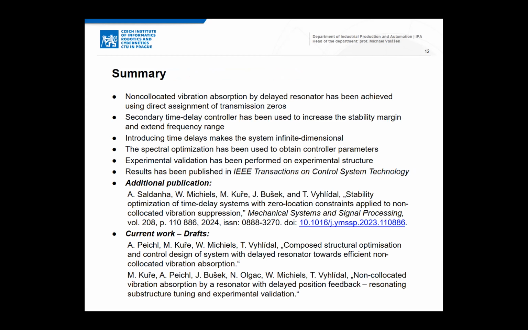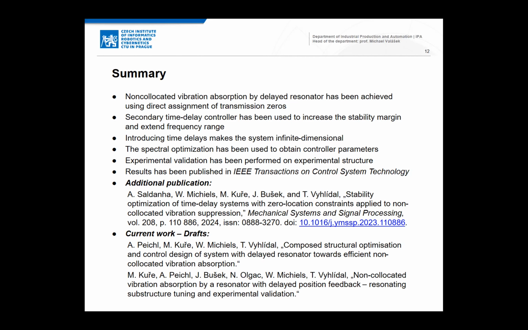Additionally, because I think I'm running out of time, we had another publication by my colleague and our team on stability optimization of time delay systems, where instead of the delayed resonator, an output feedback controller is used, which was published recently in Mechanical Systems and Signal Processing.